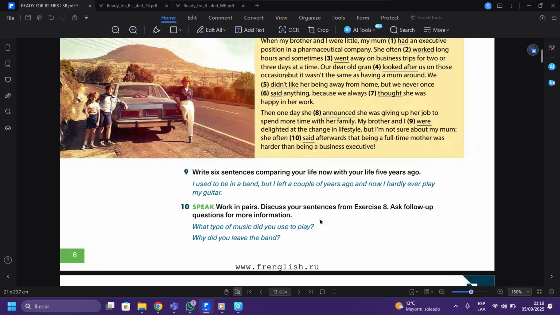Yeah. But try to use used to or would. For example, as I told you, would we can use it for repeated actions in the past. And you can say, for example, I would listen to rock music twice a week. It means that you did it very frequently, a repeated action in the past.